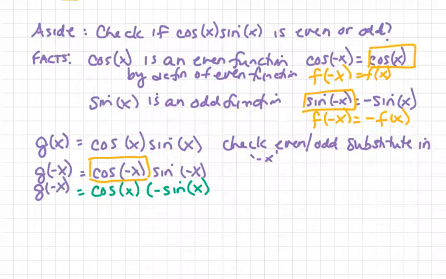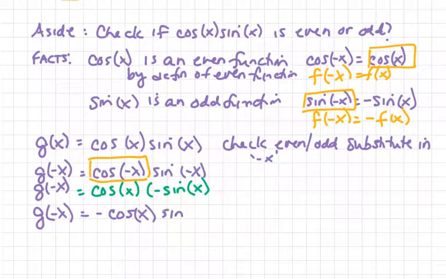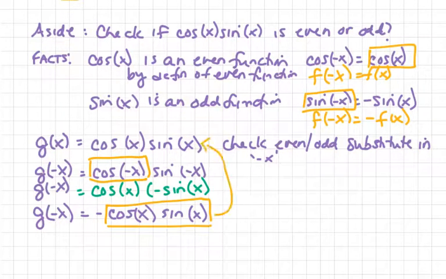I'm going to reorder that a bit so that you can see what happened. I'm going to pull that negative sign out in front, and I have cosine of x because it's multiplied, it doesn't matter what order. Well, this piece is just g of x.